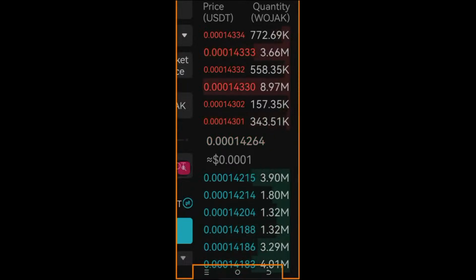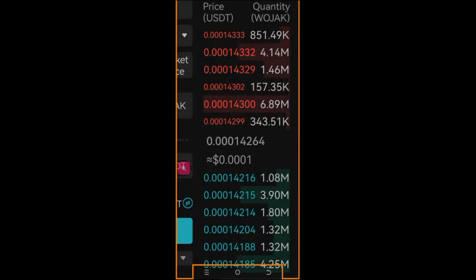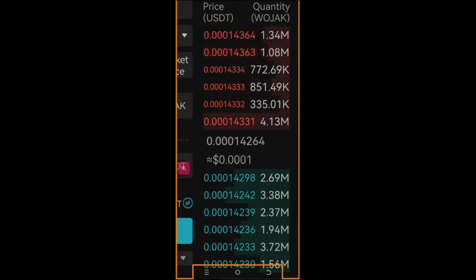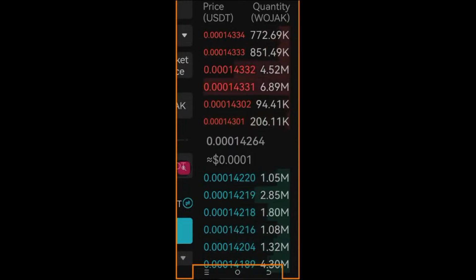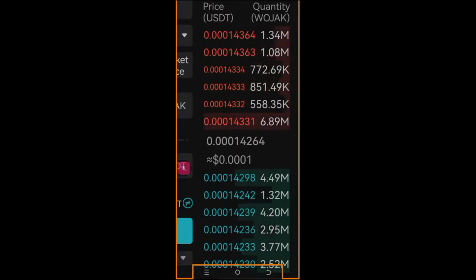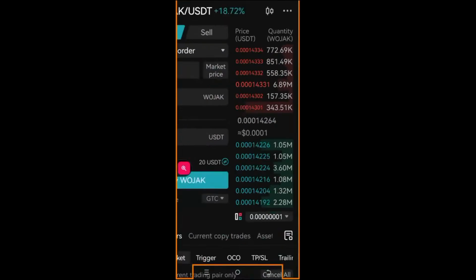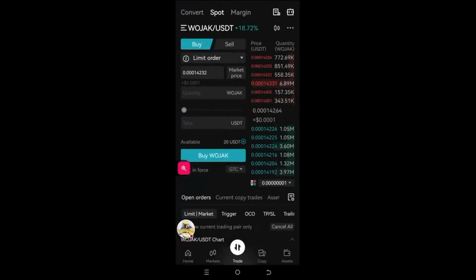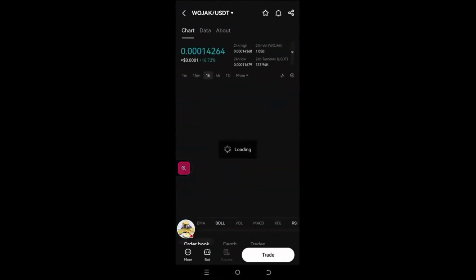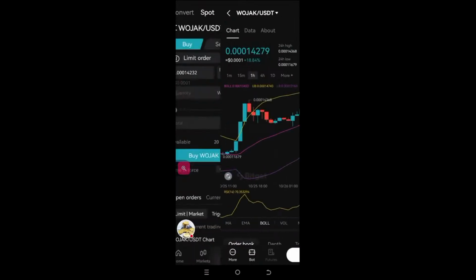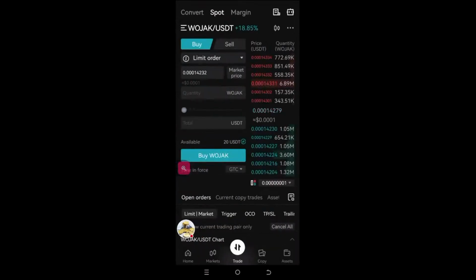For us to buy this, we have to buy it at 14302, 14301. Wow, look at it. That's the only way we can get it bought.